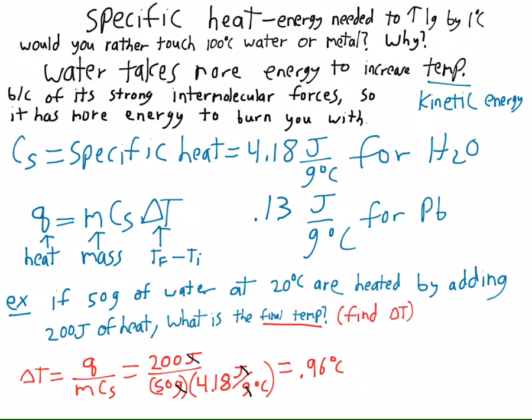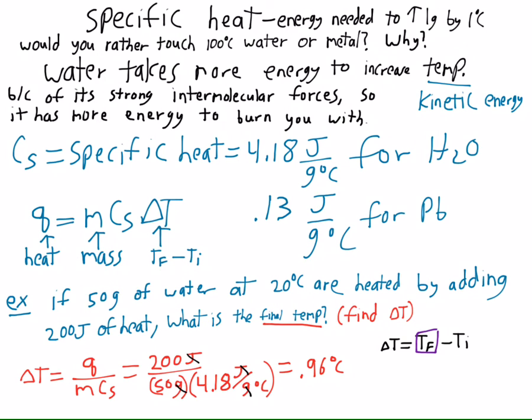Okay, so the change in temperature is 0.96 degrees Celsius, but we're not done with the problem. That's the change in temperature. So then just write the equation for change in temperature, final minus initial temperature. And we're solving for final temperature. So similar to how I showed you the algebra before, we want final temperature all by itself. It's not by itself because it's being subtracted by temperature initial.